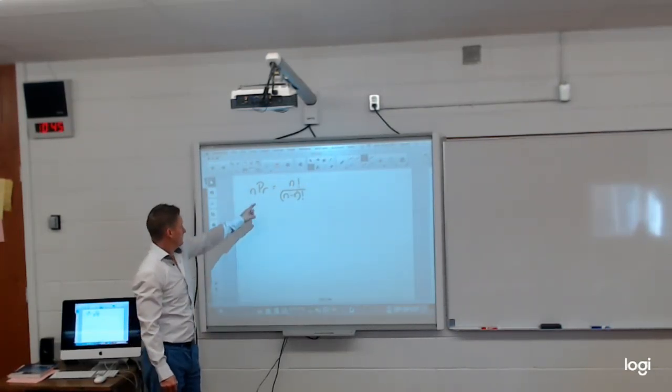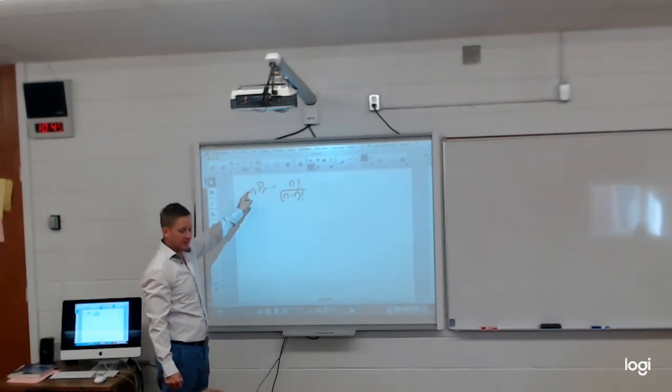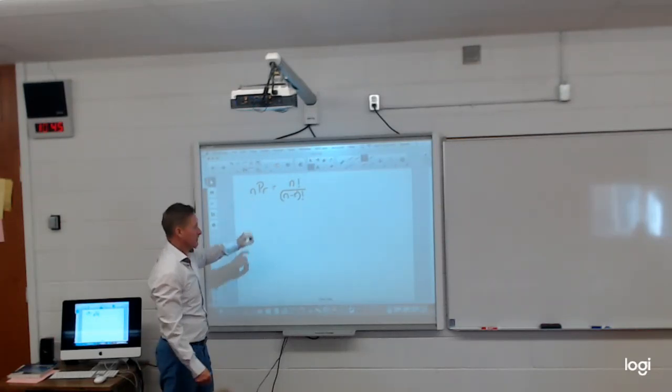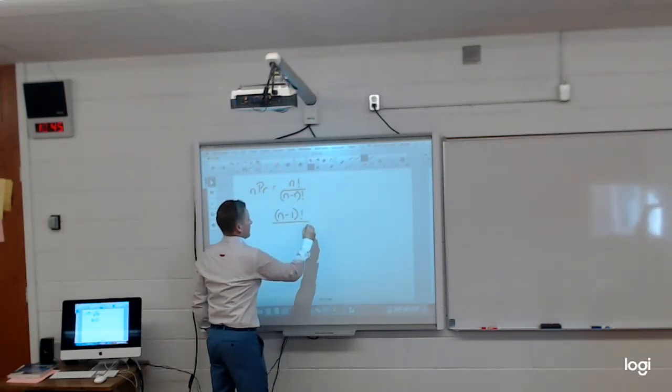Is that 5 right there? What is it? Look at the question. What's in this position on the P? Just minus 1? And minus 1. Yes? Okay, so I have n minus 1 factorial right there.